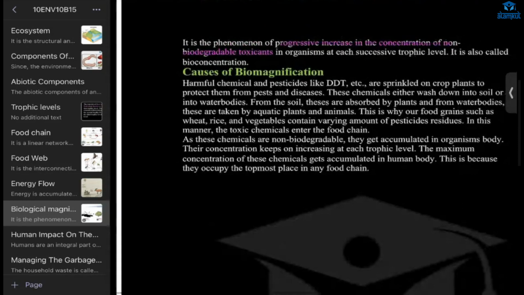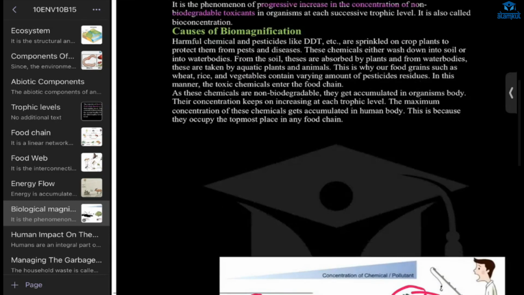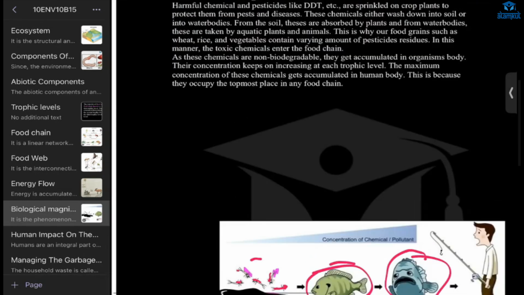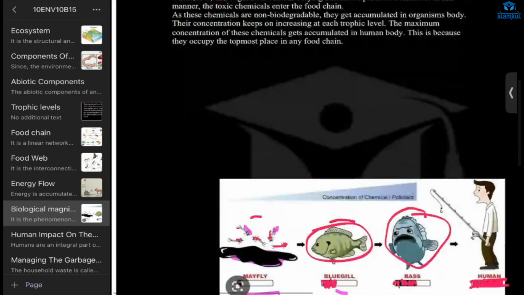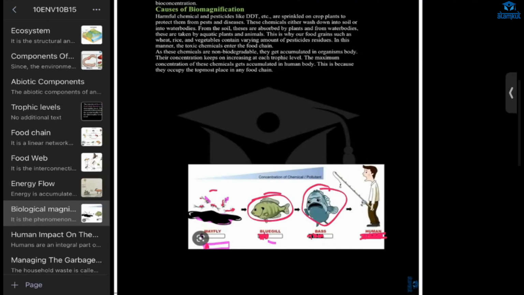And what does it cause? Harmful chemical pesticides like DDT are sprinkled on the crop plants. Why? Because of pests and diseases. If rain comes or we give water, it will wash off and go into the water bodies. In water bodies we have fishes, mayflies, all those aquatic organisms. There the toxin will get multiplied or accumulated.